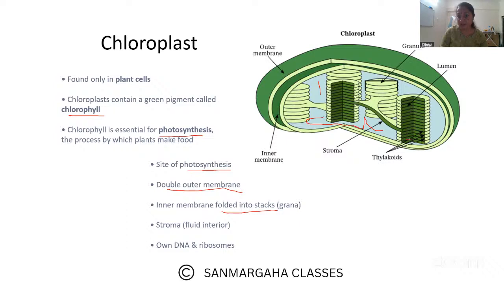Each thylakoid is found one on the other like a stack of coins. All together it makes the granum, and the middle part of each thylakoid is the lumen of the thylakoid. This also has its own DNA and ribosomes.